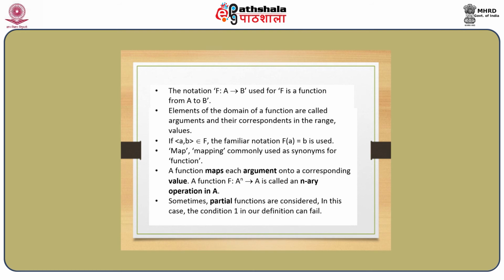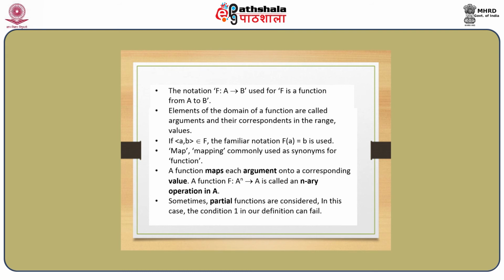If the ordered pair (a,b) is a member of f, the familiar notation f(a) = b is also used. Map and mapping are commonly used as synonyms for function. A function maps each argument into a corresponding value. A function f from A to the power n to A is called an n-ary operation in A.